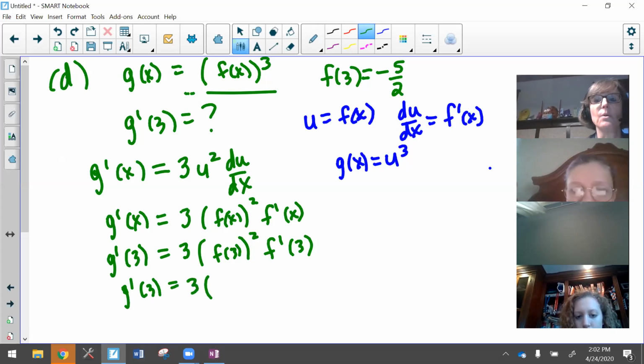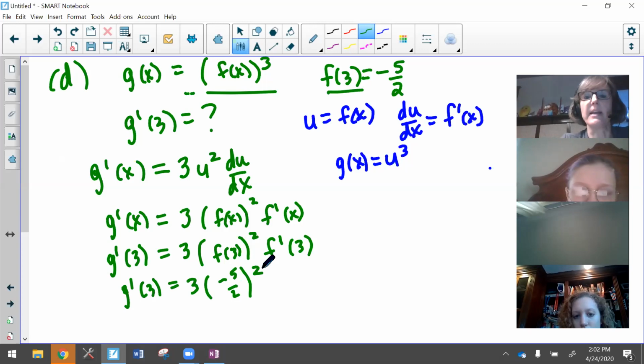So I'm told what f of 3 is. So I'm just going to put -5/2 in there and square it. And then where do you think I'm going to get f prime of 3?